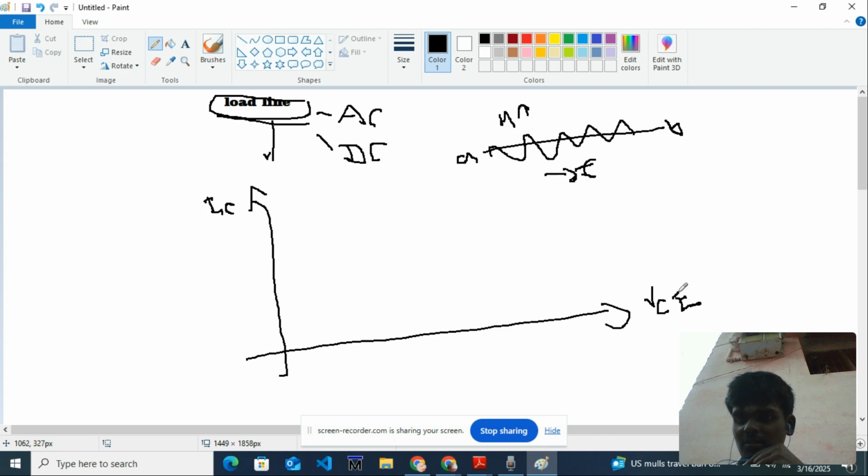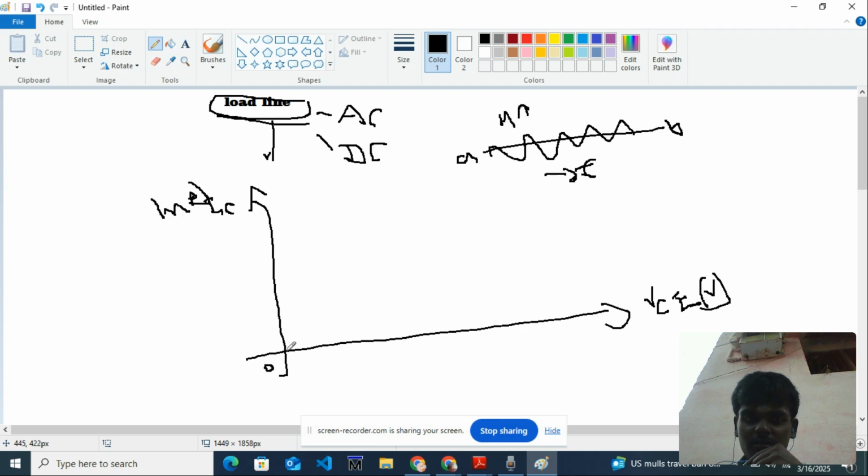VCE means collector-to-emitter voltage and is denoted as V, and IC is denoted in milliamps, because it's current, and this voltage, and this is zero.